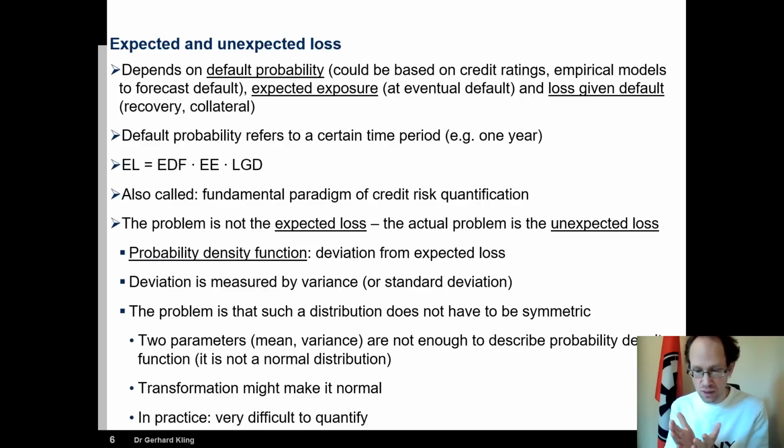That gives you a potential outcome under certain assumptions, and of course these distributions, they are usually far away from any normal distribution that could be described just by an expected value and a variance.